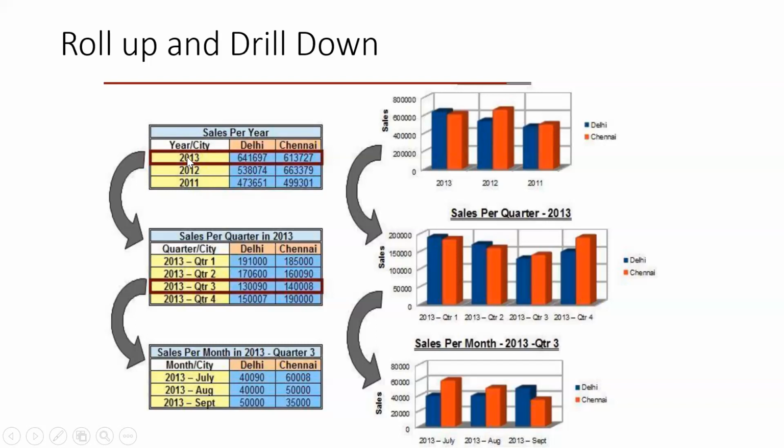If we click on top of 2013, it gets expanded with quarters. In this report you can see only the sales records for 2013 quarter 1, quarter 2, quarter 3, quarter 4. We double click on that and the report is generated again with drilling down. This is called drill down.